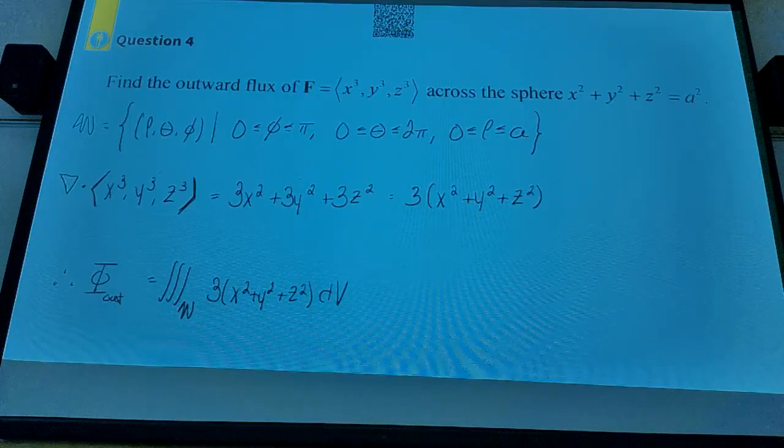Then the total outward flux by the divergence theorem is the integral over W of 3 times x squared plus y squared plus z squared dV. I've got that 3.